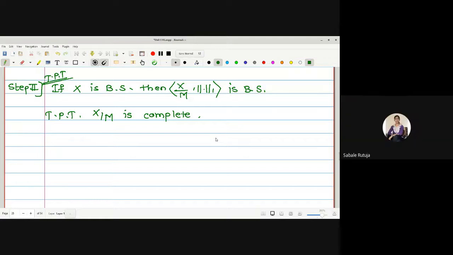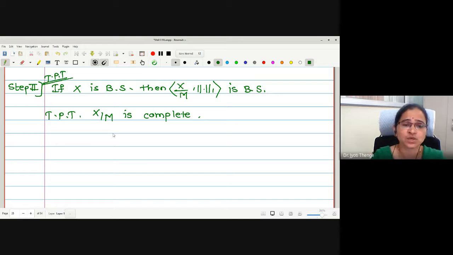Right? Yes, ma'am. Okay. Therefore, to prove a Cauchy sequence in this X by M is convergent, what we will do simply, we will extract one convergent subsequence in the Cauchy sequence of X by M.